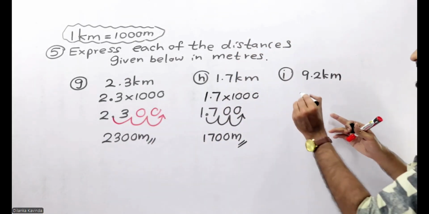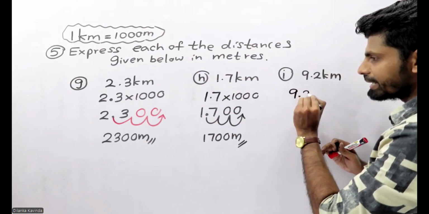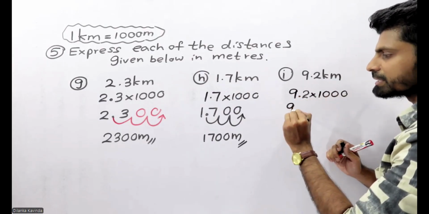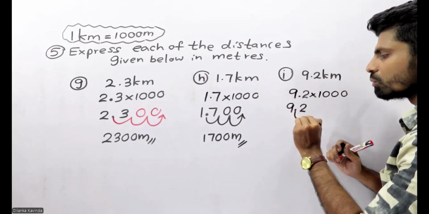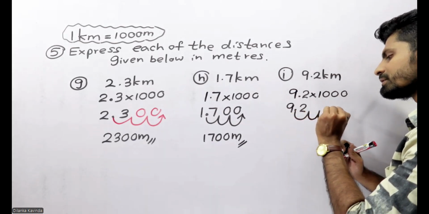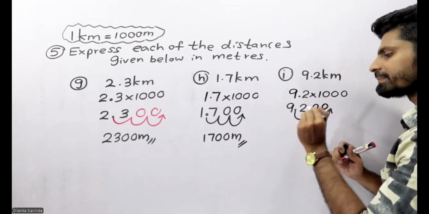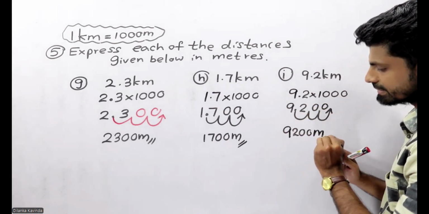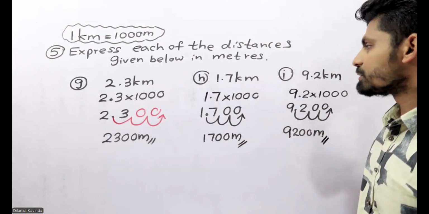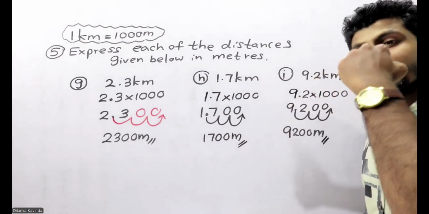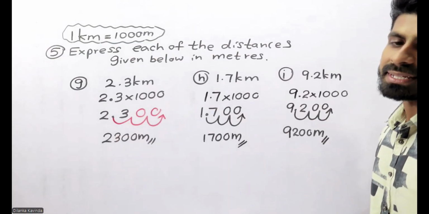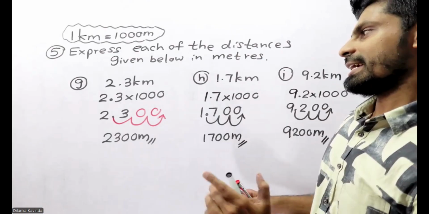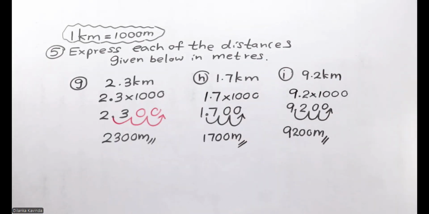So that one is easy. 9.2 multiplied by 1,000 means 9,200 meters. So we need to move 3 decimal places to the right. G, H, I.